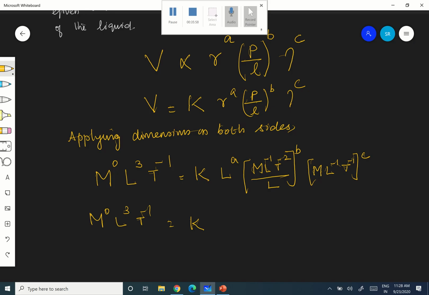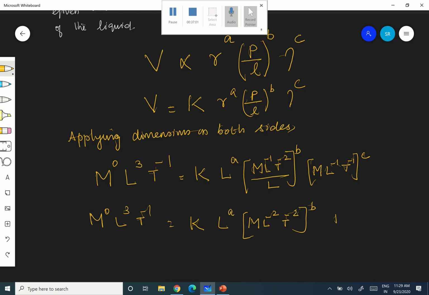First we will go for M. Let me once again write it out: L power a, then M L power minus 2 T power minus 2, which is pressure divided by L, to the power b.